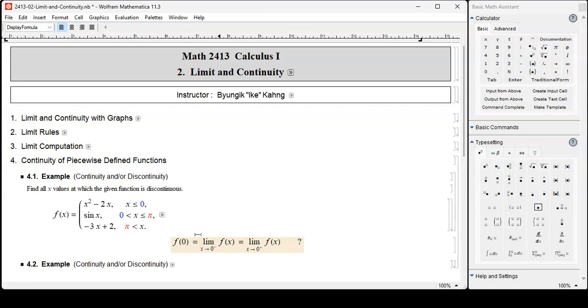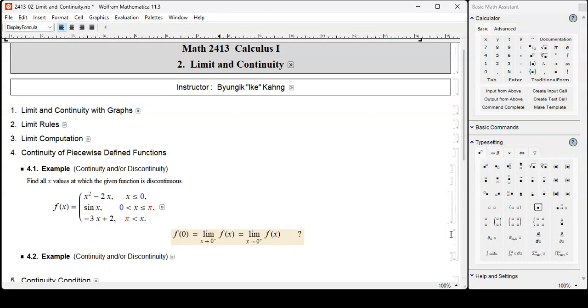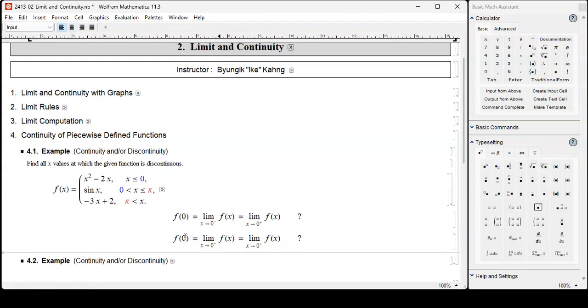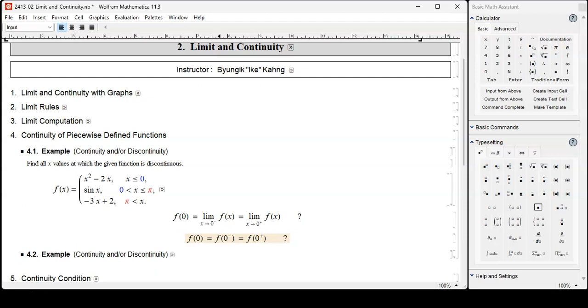Now, the left-hand side limit and right-hand side limit are really cumbersome to write like this, so let me abbreviate. f of 0 is a function value. Let me write the left-hand limit as 0 minus, just a shorthand of this, and then 0 plus, just a shorthand of this.